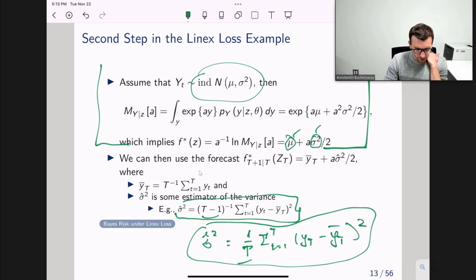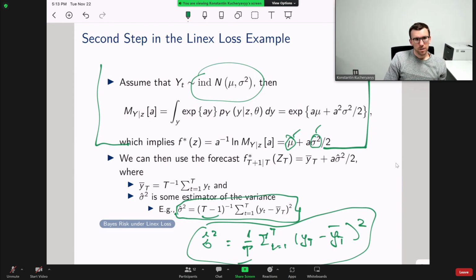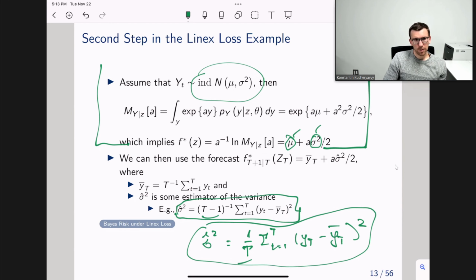This estimate comes from some adjusted quadratic loss, but I'm not sure that if you want to estimate the variance of the sample using this Linex loss, you would get the same sigma squared. It's actually a good exercise. I should give it to you as an exercise: which sigma squared estimate would correspond to the Linex loss? It can be something different. Does this make sense?